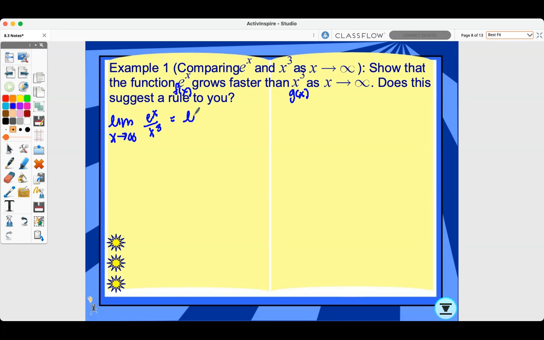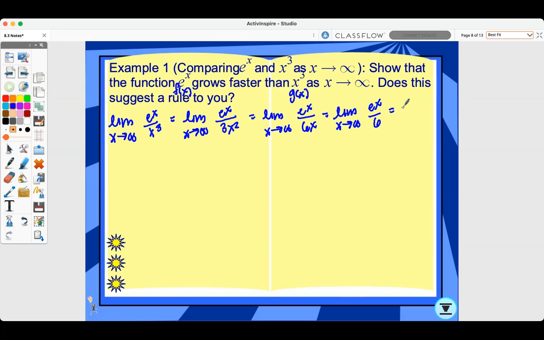So then I would have the limit as x approaches infinity of e to the x over 3x squared. Again, I'd get infinity over infinity. And I get e to the x over 6x. Take the derivative again, and I get e to the x over 6.